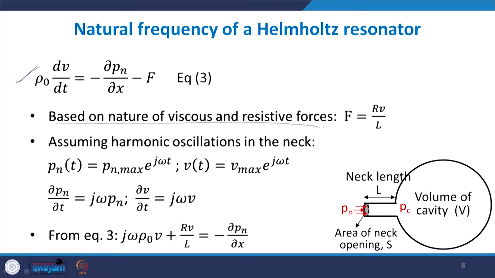If you study the theory of viscosity, you will find, through experiments and analytically also, that the nature of this resistive force is that it is directly proportional to the velocity of the layer of fluid flowing over it, and inversely proportional to the length through which it flows. So from the theory of viscosity, F is directly proportional to V, and F is inversely proportional to the length over which this flow takes place. This is the nature of the resistive force which acts.